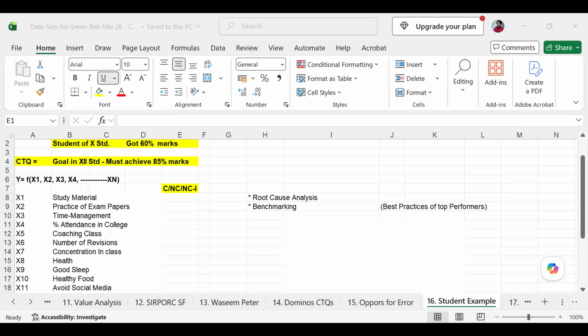We must also achieve the business performance, in terms of profitability, cost reduction, and so on. That is voice of business. Then there is VOE, that is voice of employees.